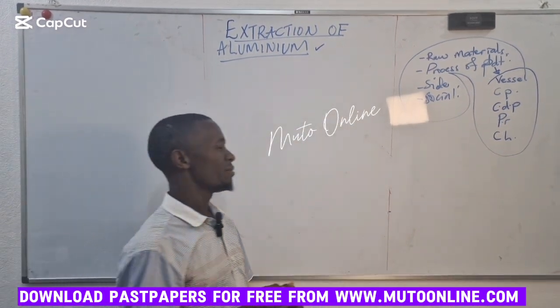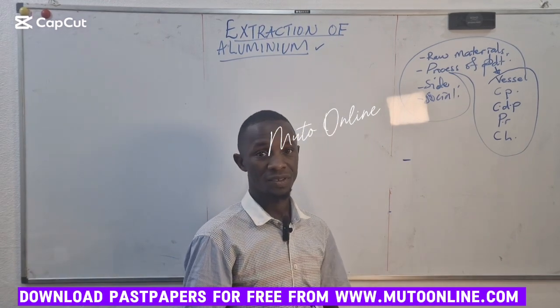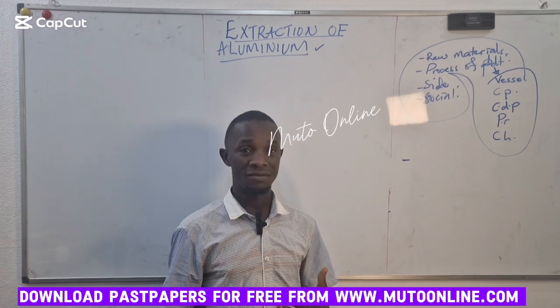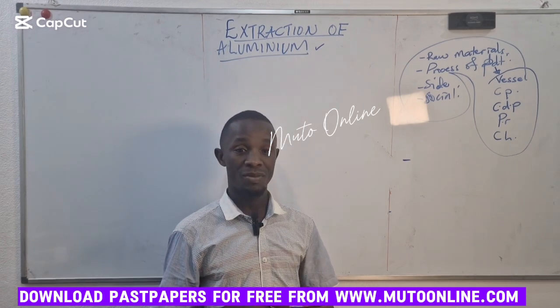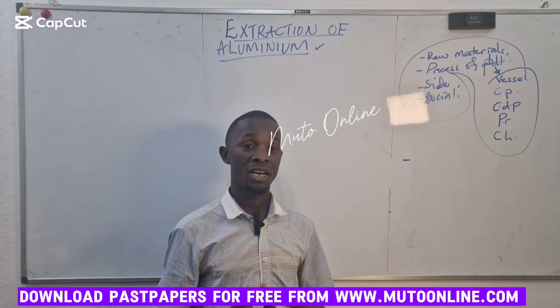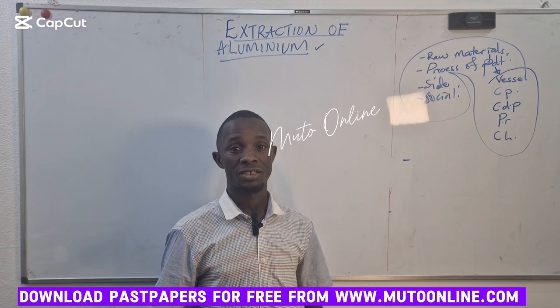We know aluminium is one of the most useful metals due to its properties. The aluminium has a very low density, so it is a suitable material for making light but strong products, such as the aircraft bodies.